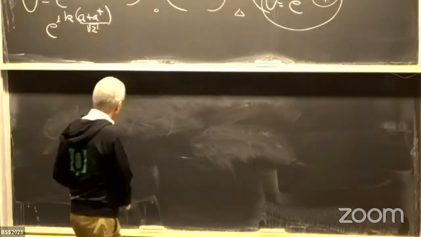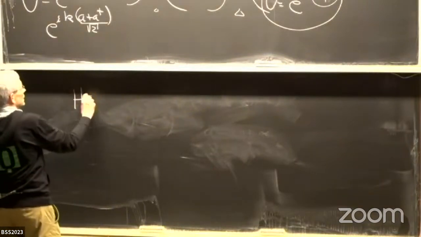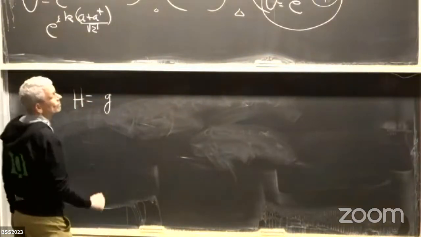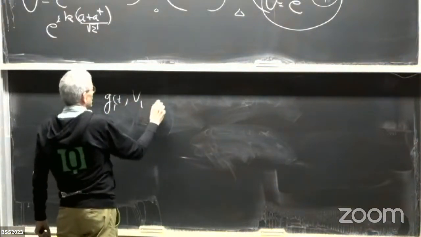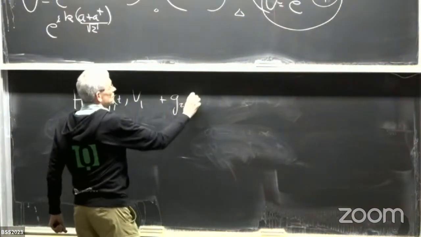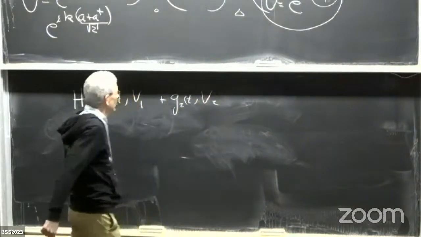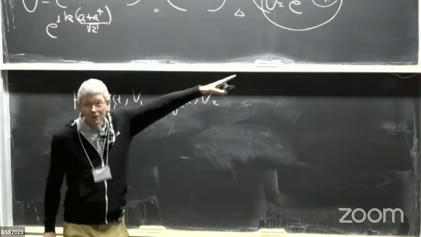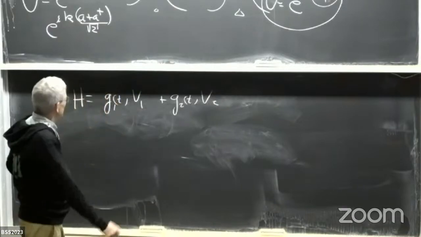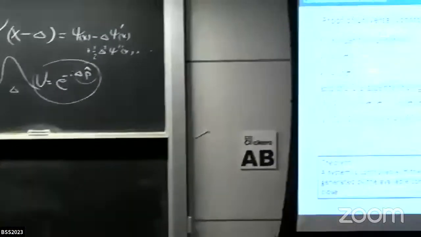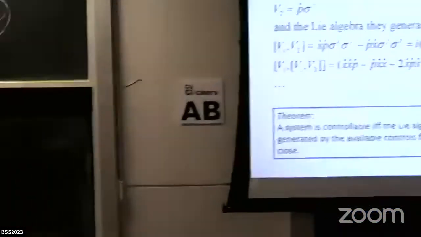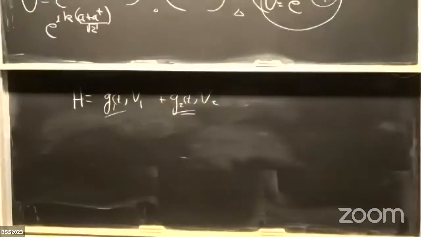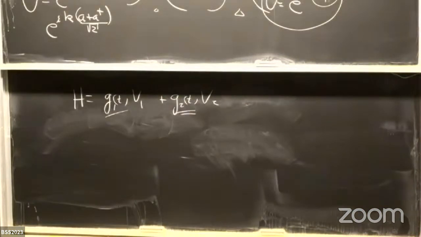And you imagine you have some Hamiltonian G1 of t V1 plus G2 of t V2, where V1 and V2 are those guys up there. And you have classical control knobs that you can adjust. The question is, can I turn those knobs in a way to produce an arbitrary unitary on the system?